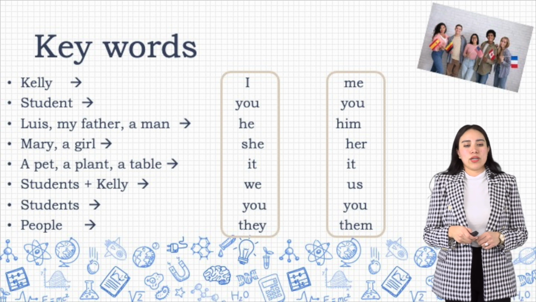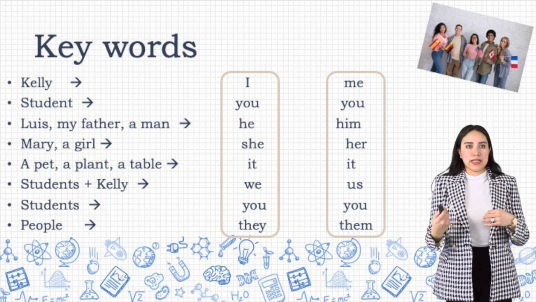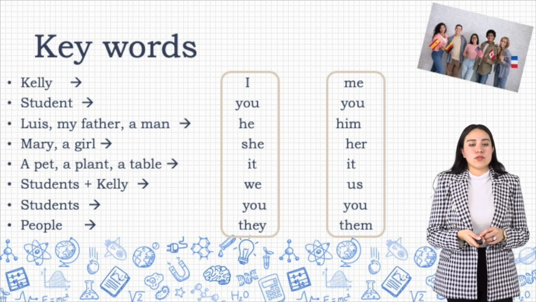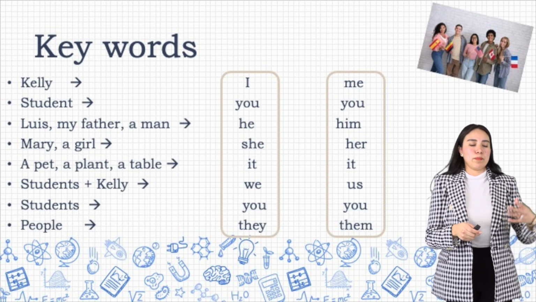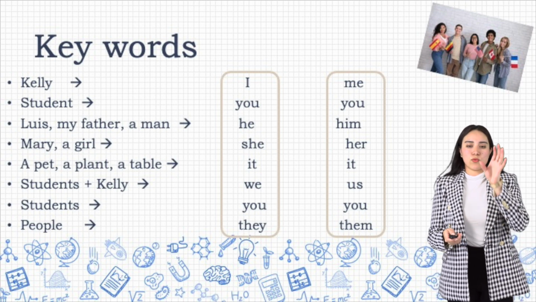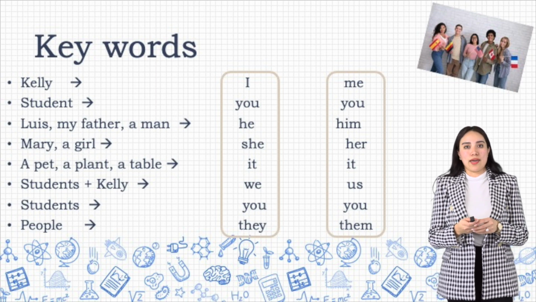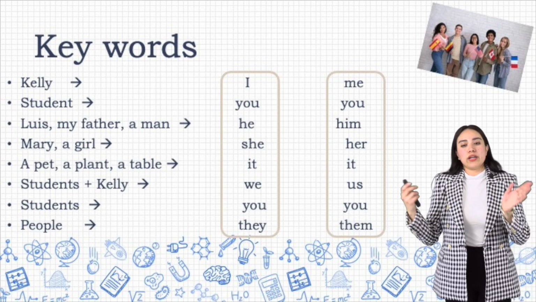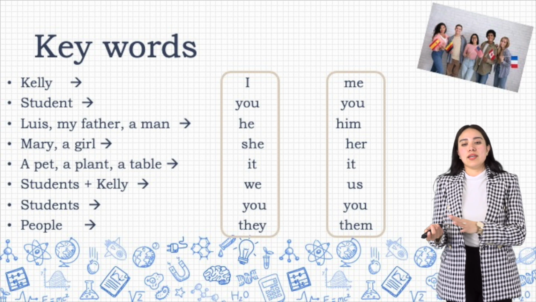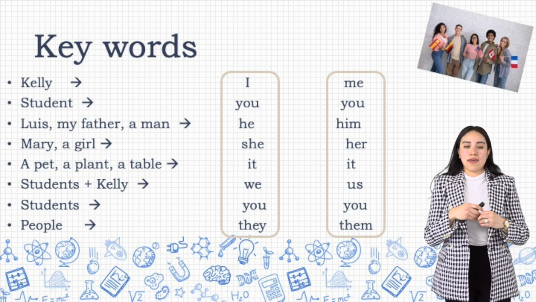When we mention students plus Kelly, "we." Students, you, and people, "they." So we're going to use these words when this person or these people are doing an action. And we're going to use the following column when these people are receiving an action.